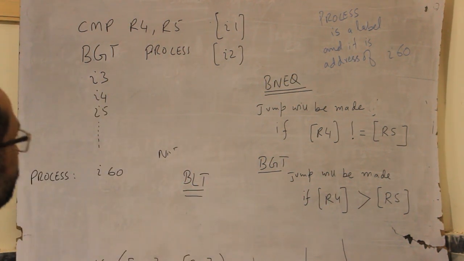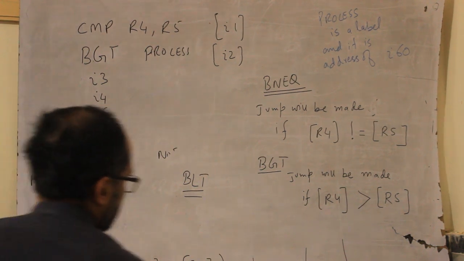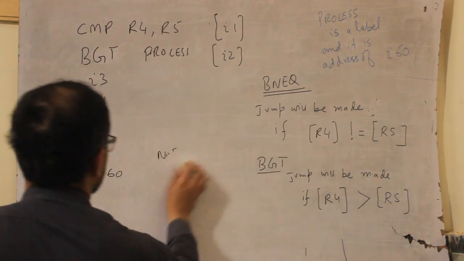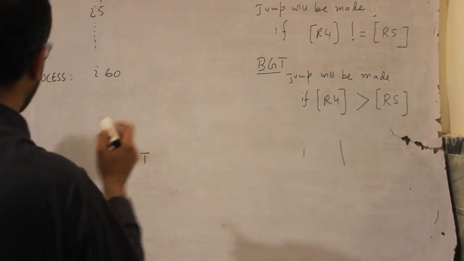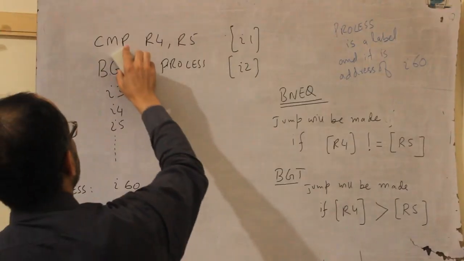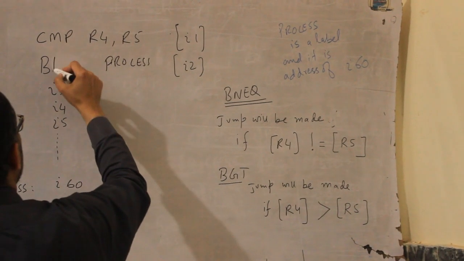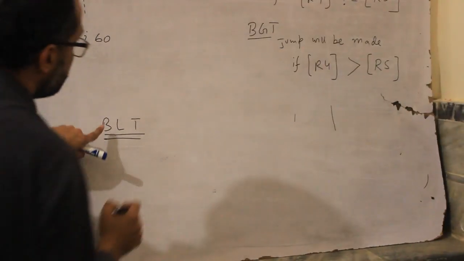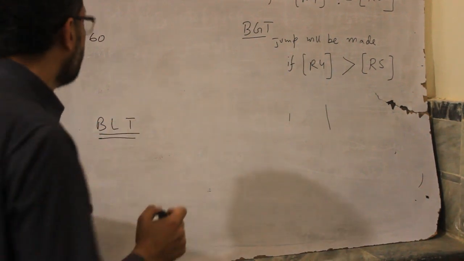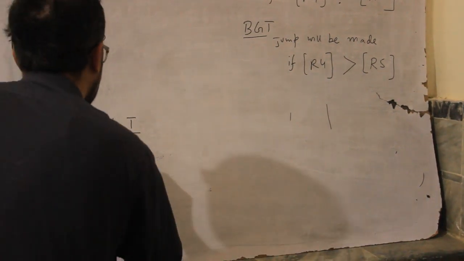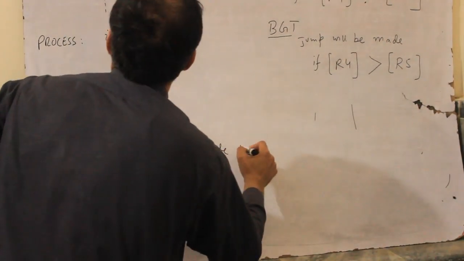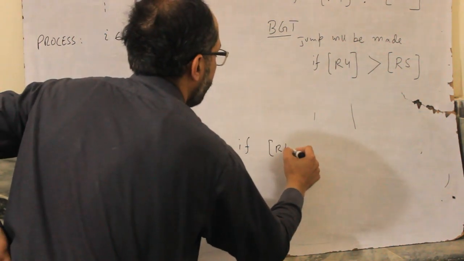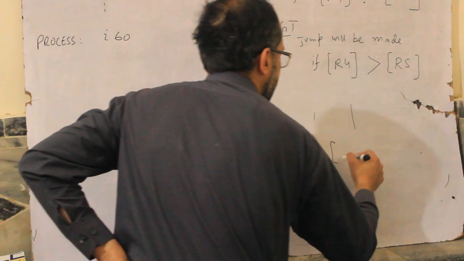If we replace this BGT by BLT, it means branch less than. In BLT, a jump will be made if R4 is smaller than R5.